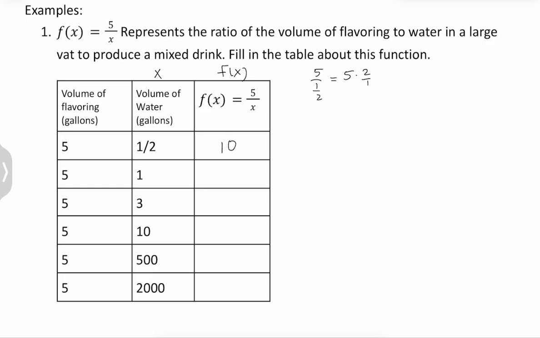So the answer is 10. 5 divided by 1 is 5. 5 divided by 3, I don't know, 5/3. 5/3 is about 1.7 rounded to the nearest tenth. 5 divided by 10 is 1/2. 5 divided by 500 is 1 over 100. 1 over 100 for decimal purposes is 0.01.